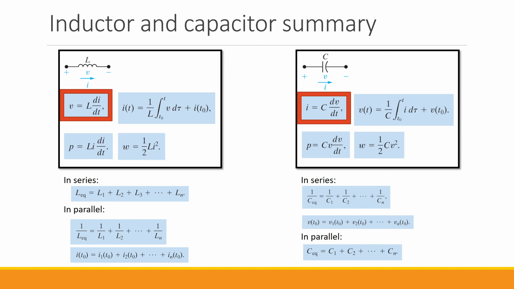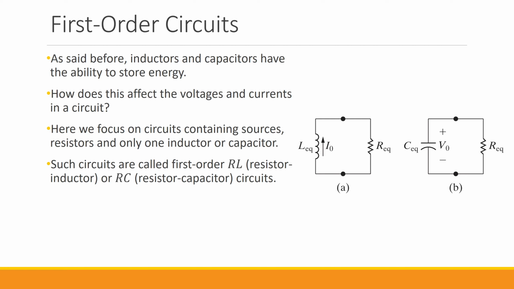Now that we went over this summary, we need to know what happens if we connect inductors and capacitors into a resistive circuit. How does connecting capacitors and inductors affect the voltages and currents that we may have in the circuit?